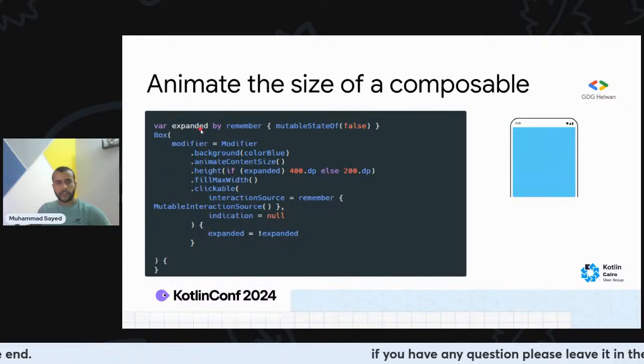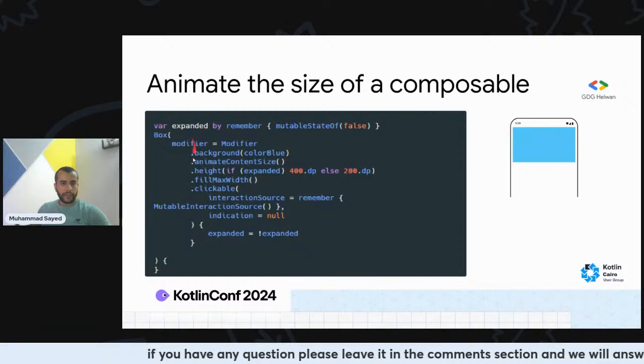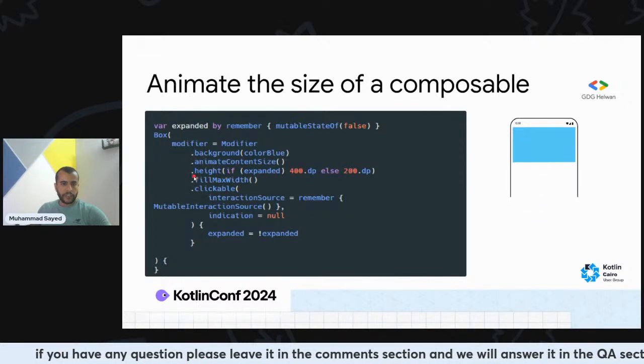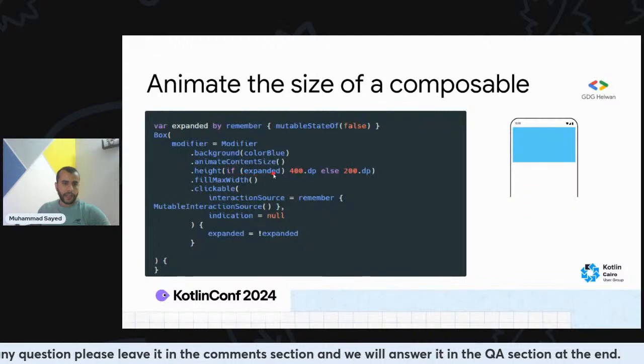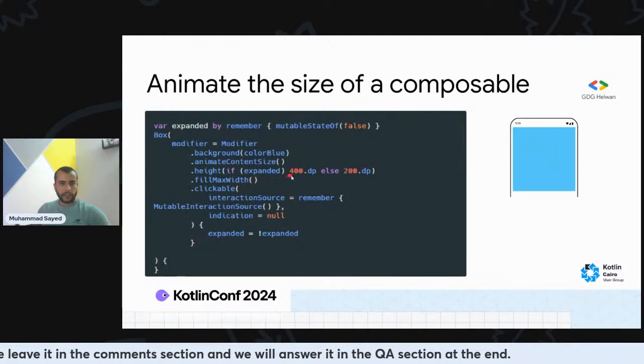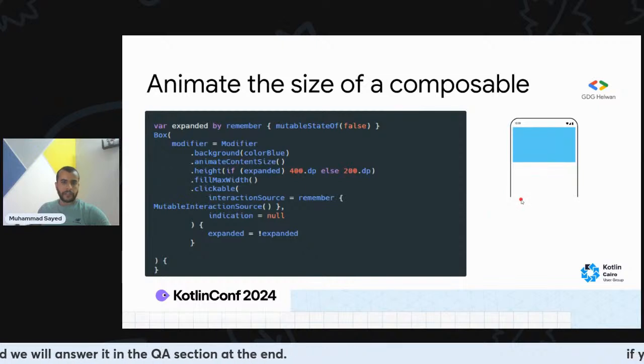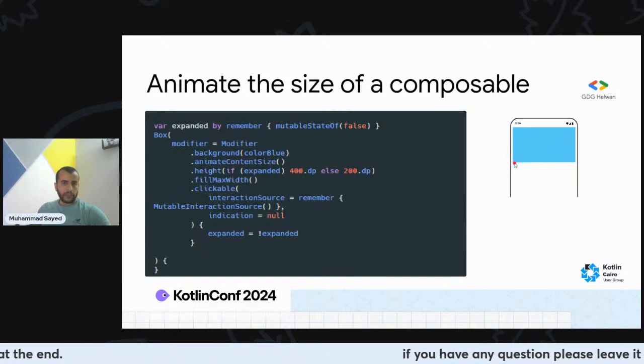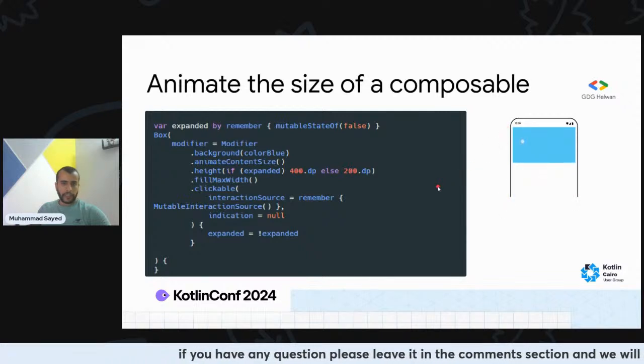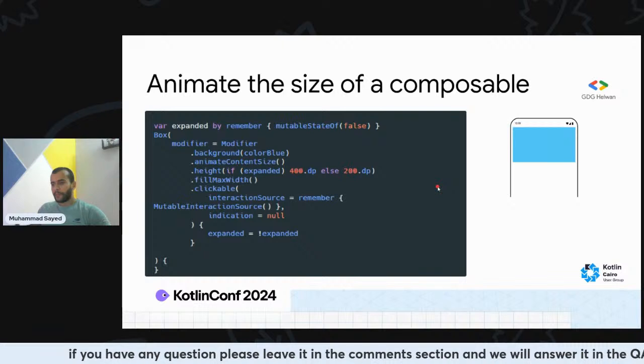So it will toggle between false and true, and as it comes here in the recomposition, if expanded equals true, then we will animate to the size of 400. If it's false, we will animate to the size of 200. And it goes back and forth again and again.